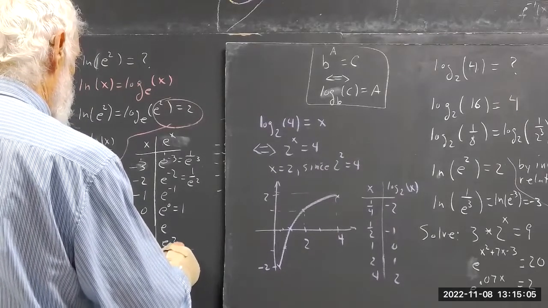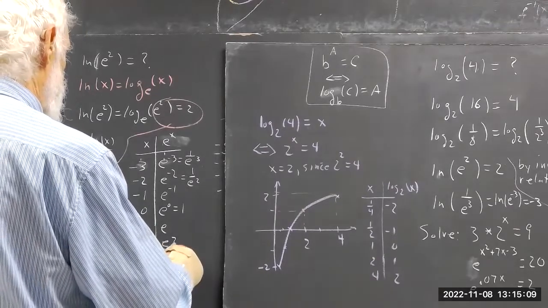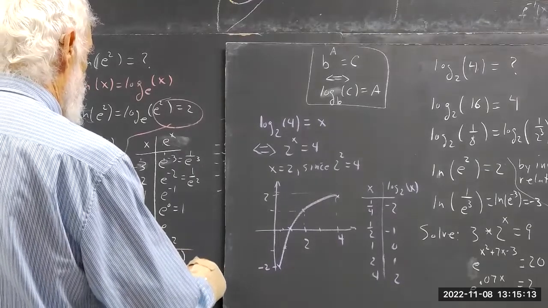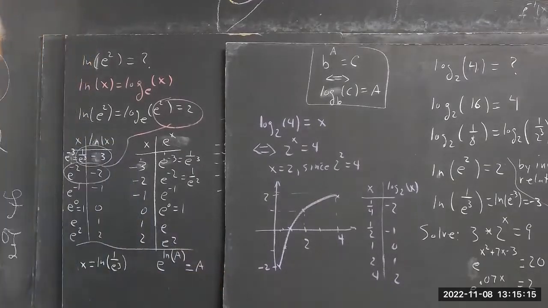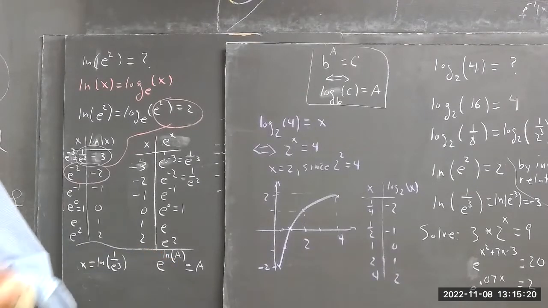Another consequence of all this is e to the natural log of a has to equal a, because e to the x and the natural log function are inverse functions.